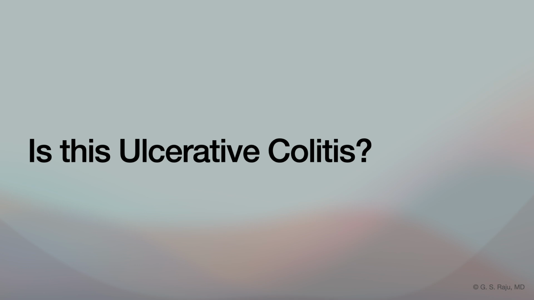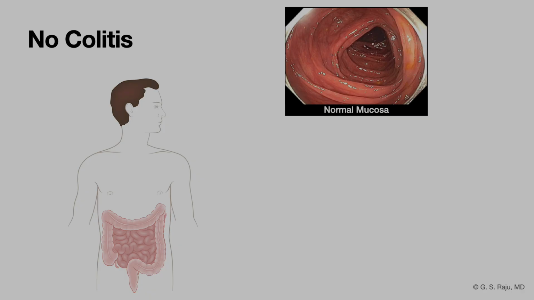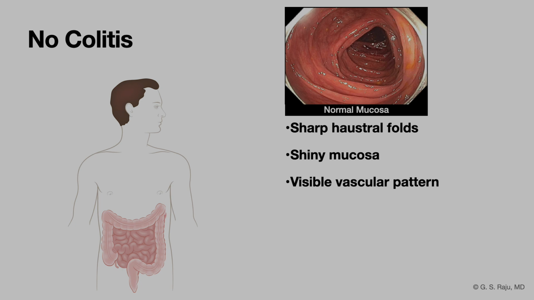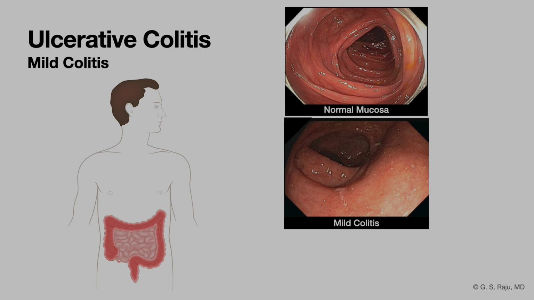So when you do a scope, you want to figure out, is there ulcerative colitis or not? Here is a normal, healthy colon. You identify it by the sharp haustral folds, nice shiny mucosa, and an excellent visible vascular pattern. When you see a patient with ulcerative colitis, here it is mild colitis, you notice erythema, and you don't see the vessels, absent or decreased vascular pattern.